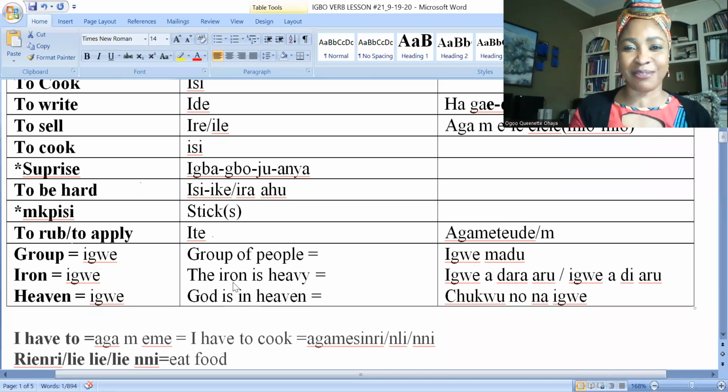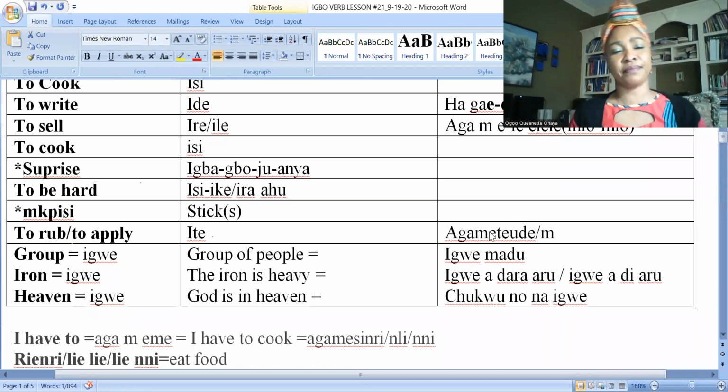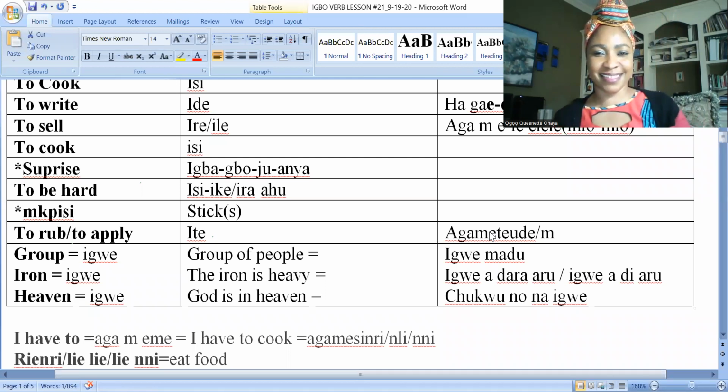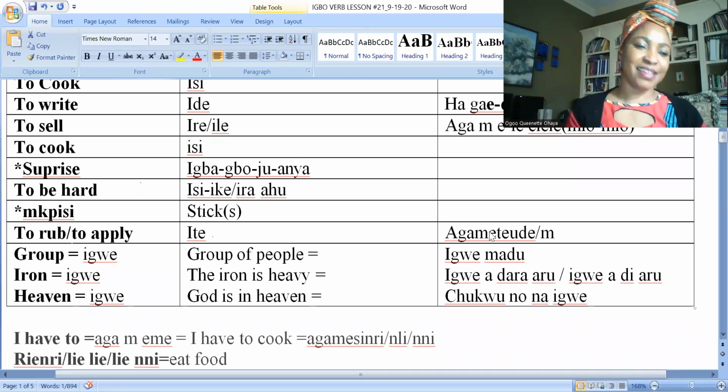Let's see who else wanna try. Okay, Chinua, your hand is still up. Wait, what's the question again? Come on, Chinua, can you pronounce what is group? What is group called, Chinua? Wait, group in Igbo?